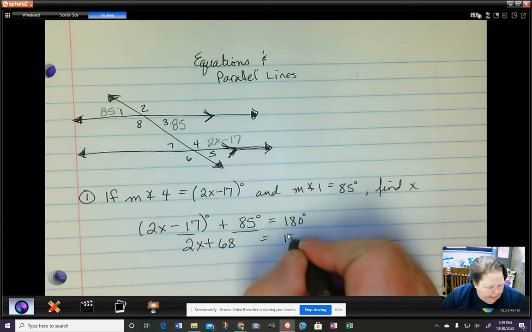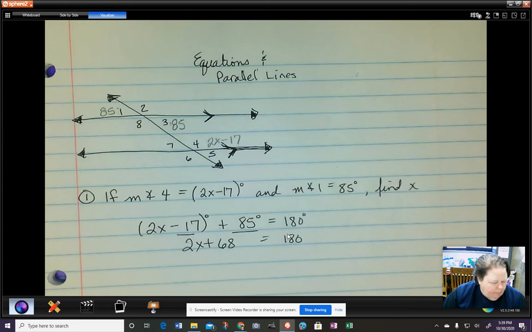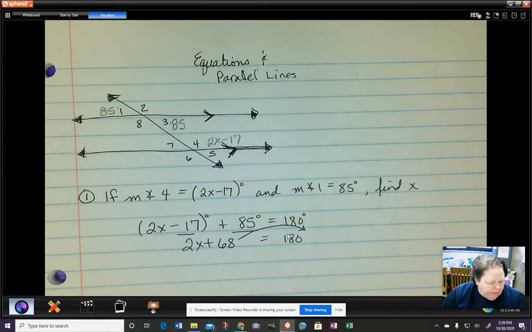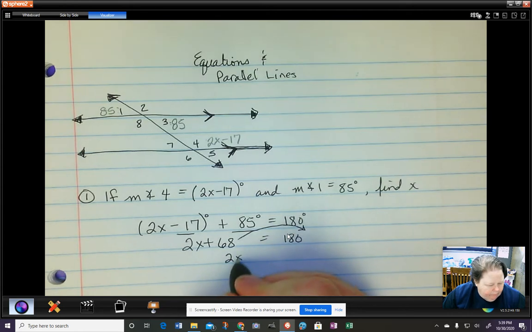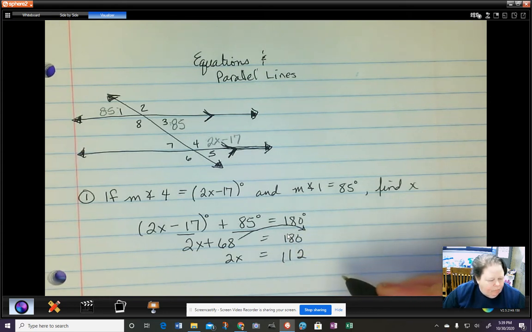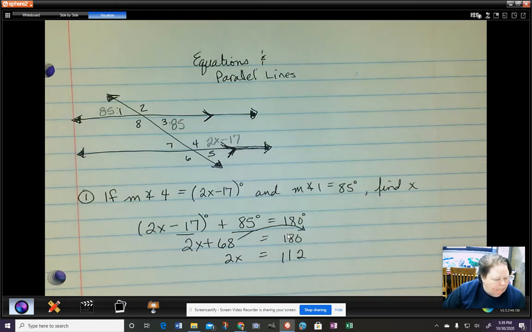I'm going to subtract 68 when I move it to the other side, so I have 2x equal to 112. I think I did that right.